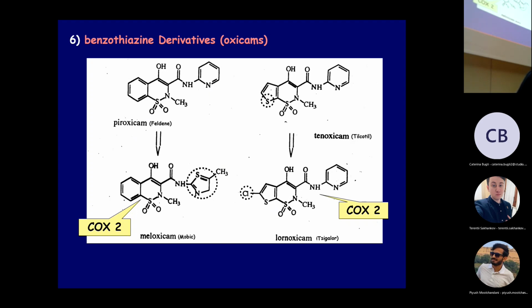And so we'll see how this pocket is formed and how these compounds are able to interact with this small pocket present in cyclooxygenase of type 2.